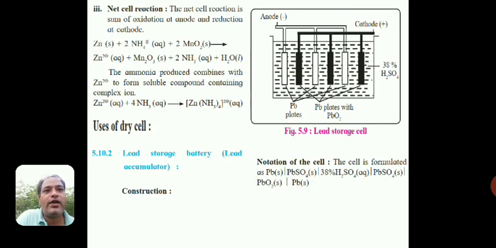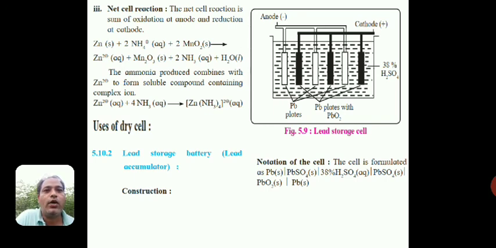Now the net cell reaction is Zn plus 2 NH4+ plus 2 MnO2, which gives Zn2+ plus Mn2O3 plus 2 NH3 plus H2O. The ammonia produced combines with the Zn2+ to form a soluble compound containing a complex ion.